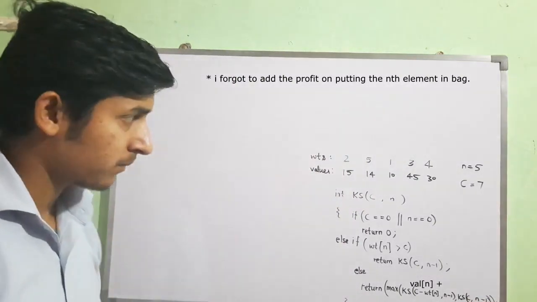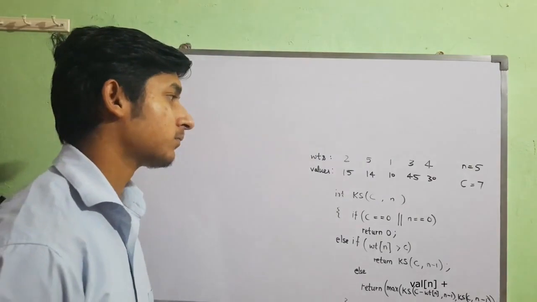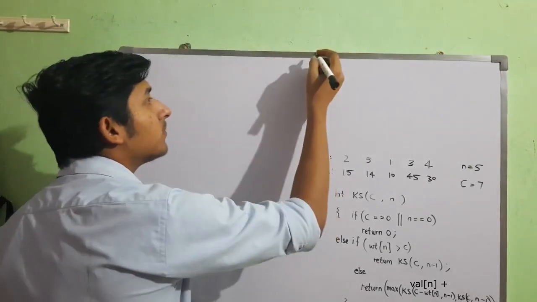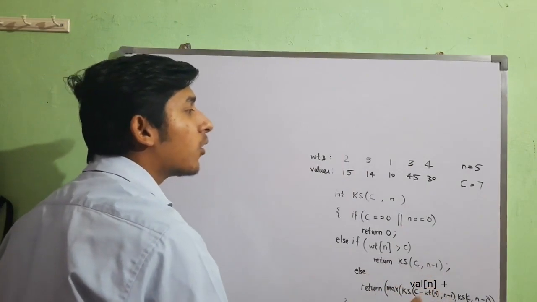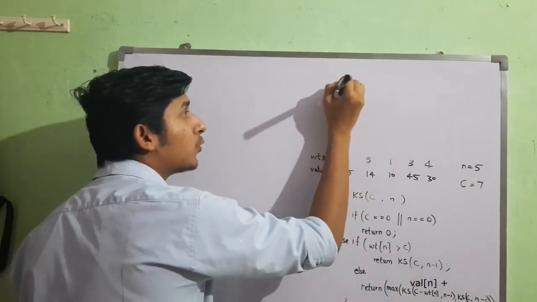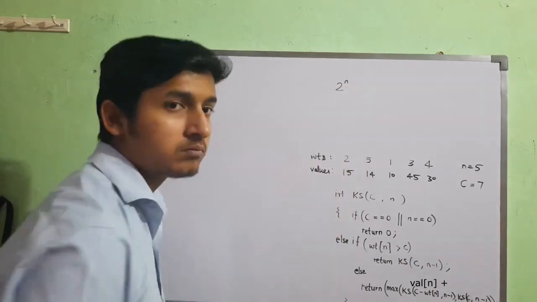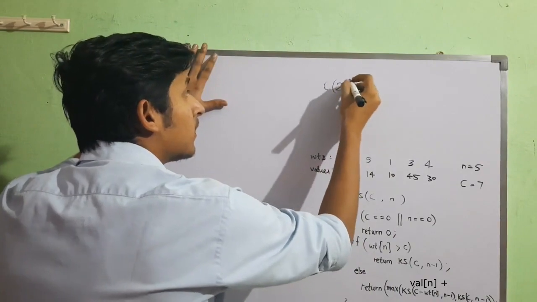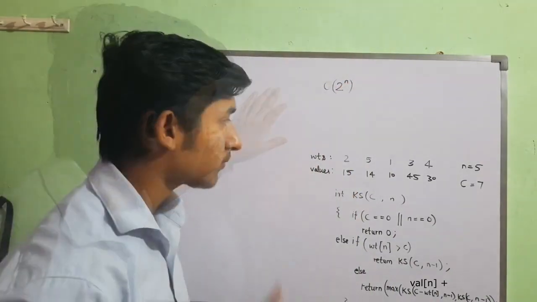The function is over, but there is a problem because I am calling the function for all subsets, so the number of subsets is 2 raised to n. So this is the complexity of this recursive function.